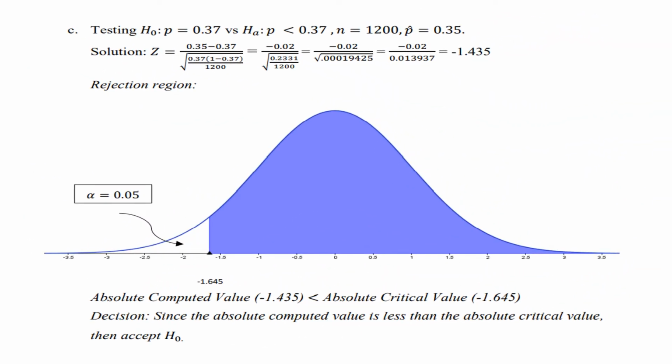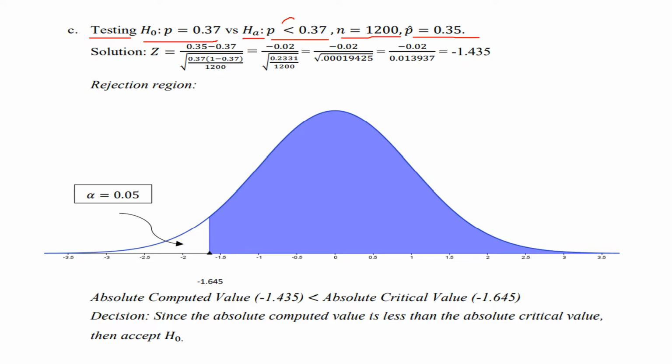So for letter C, we need to test your H0 now. Your H0 is P is equal to 0.37 versus your alternative hypothesis wherein your P is less than 0.37. So N is 1,200, so a very large sample, then your p hat is 0.35.